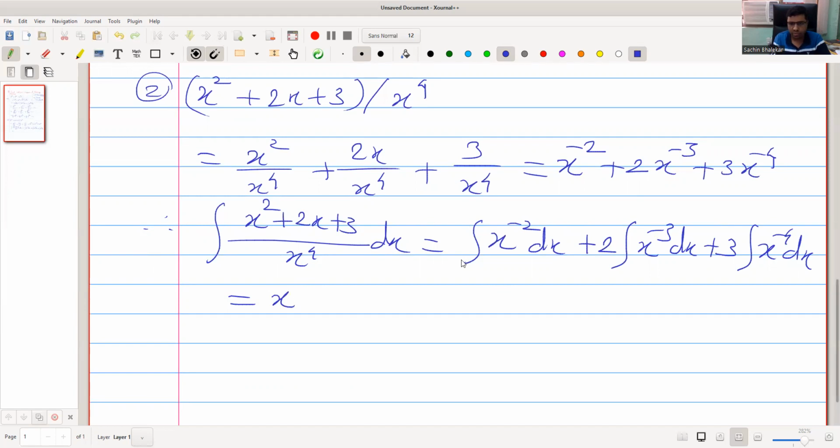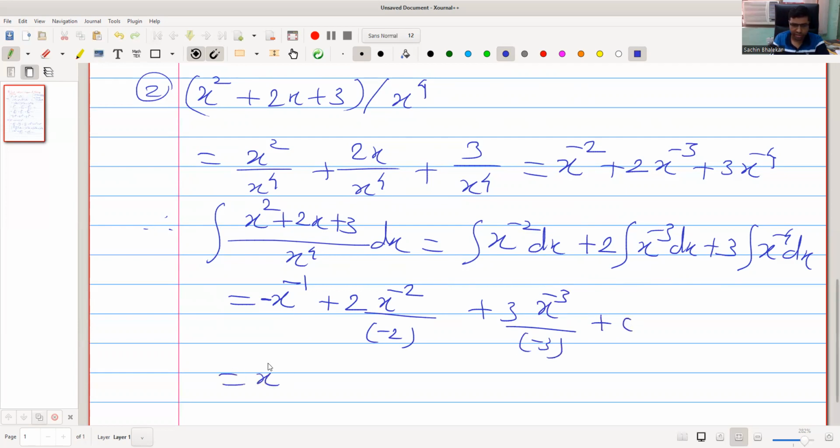So this is x raised to minus 2 plus 1, it is minus 1, divided by minus 1. So divided by minus 1 means simply it is minus sign. Okay, 1 upon minus 1 is minus 1. Then plus 2, x raised to minus 3 plus 1, that is minus 2, divided by minus 2, plus 3 times x raised to minus 4 plus 1, that is minus 3, divided by minus 3 plus c.